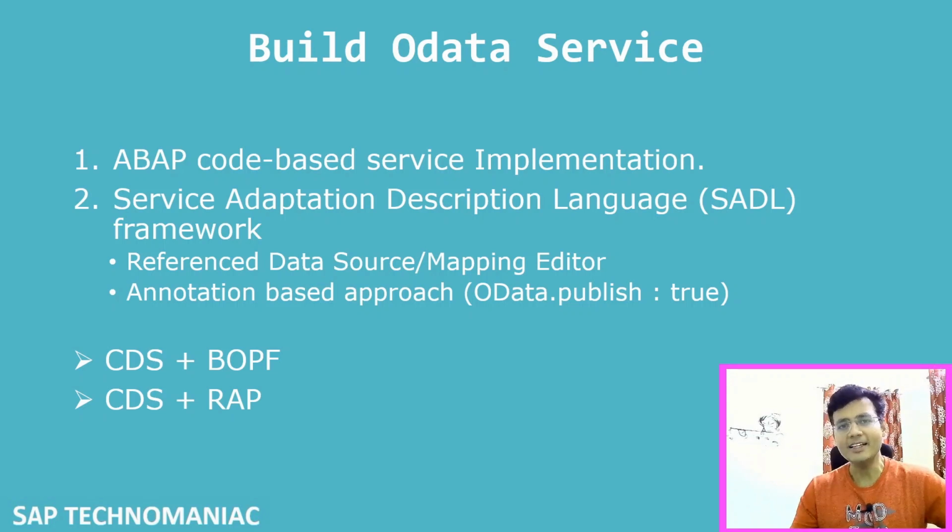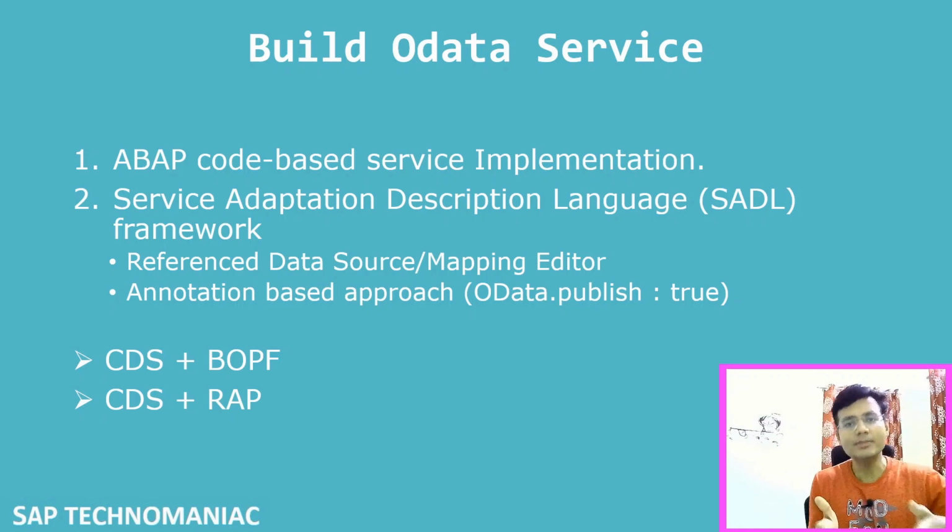And apart from that, these are the initial starting points. When we use OData.publish equal to true and create the OData service, it will work for only the read scenarios. If I want to modify the data in the system, or create the data in the system, or delete the data in the system, we can't do it using the standalone CDS.